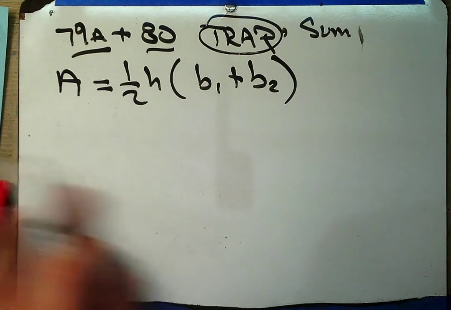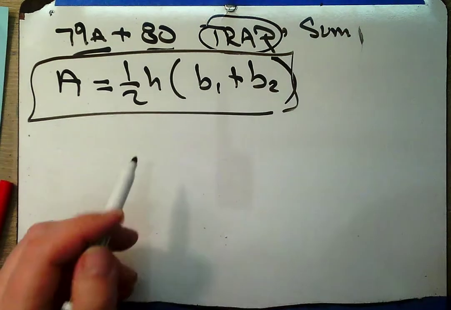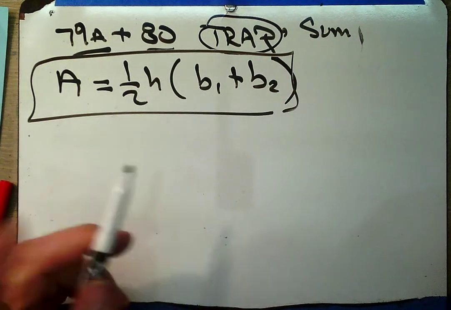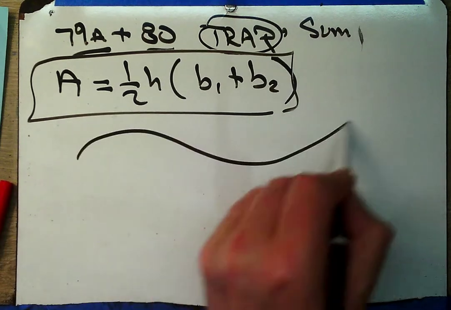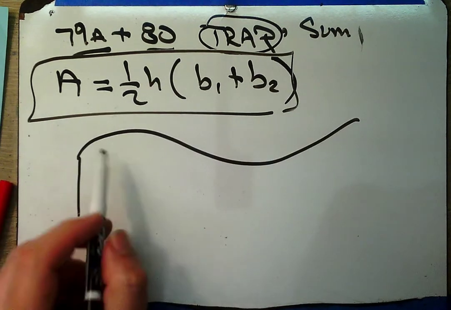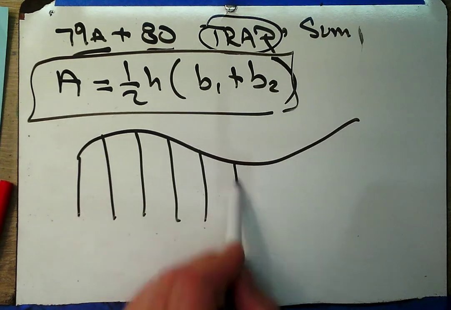Okay, so this is the formula we'll be using, and I kind of want to take a moment to consider a situation. So I've got this situation here, and I've got these subintervals.